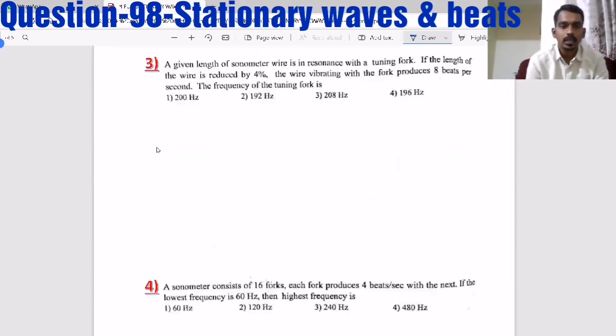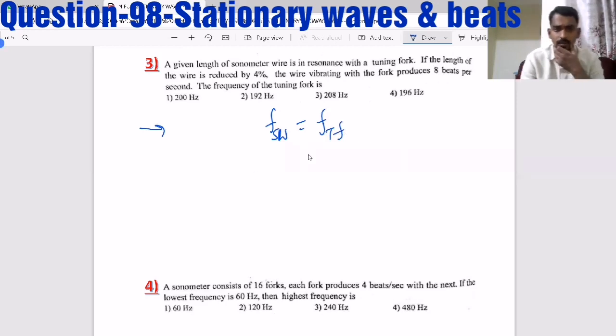Now one more thing. A given length of sonometer wire is in resonance with a tuning fork. So the frequency of the sonometer wire is equal to the frequency of the tuning fork. Let's take the value F. If the length of the wire is reduced by 4%, the wire vibrating with the fork produces 8 beats per second. The frequency of the tuning fork is?